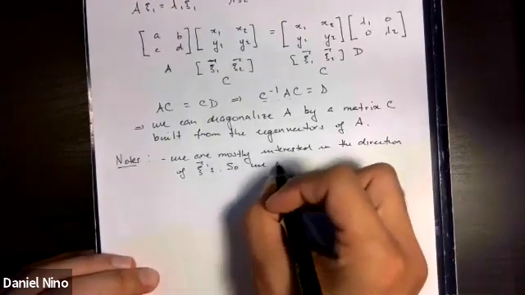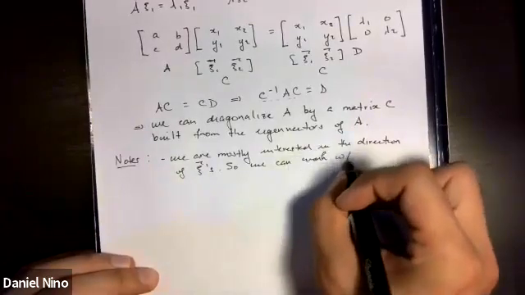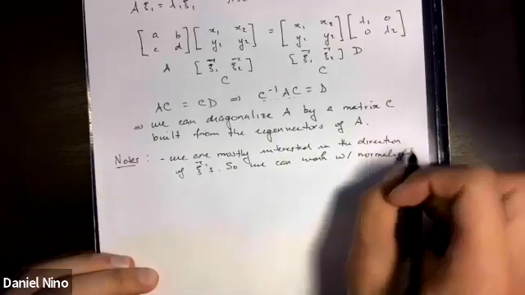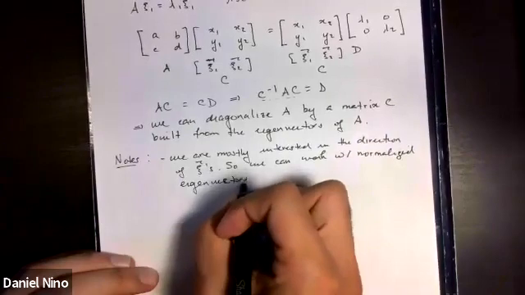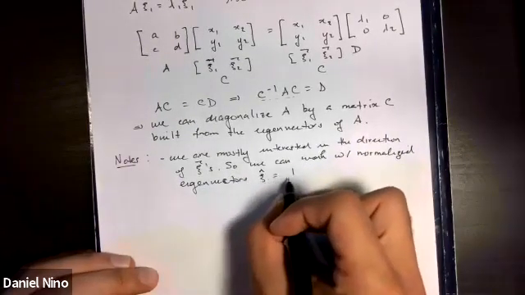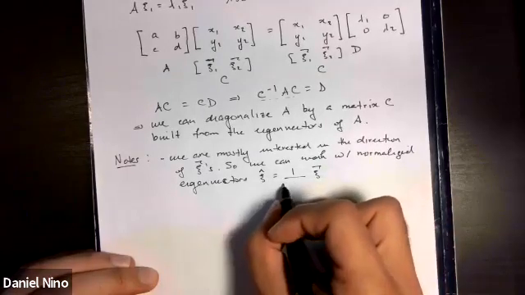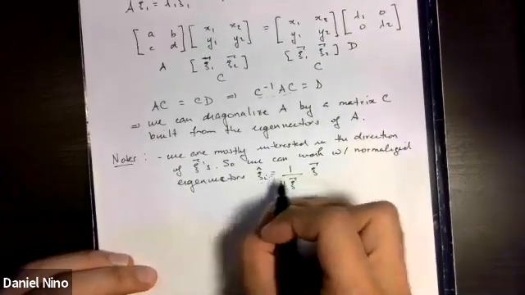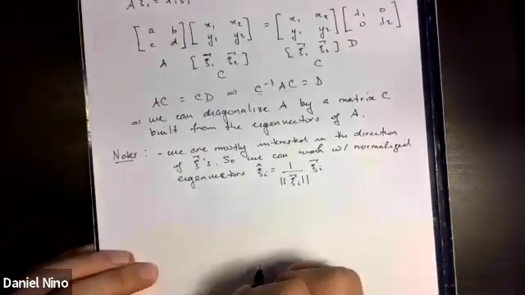So we can work with only the normalized eigenvectors, which we'll denote with a little hat, and that's equal to the original eigenvector divided by its norm.